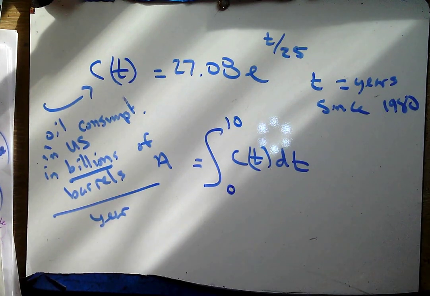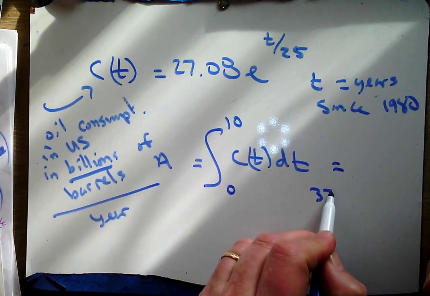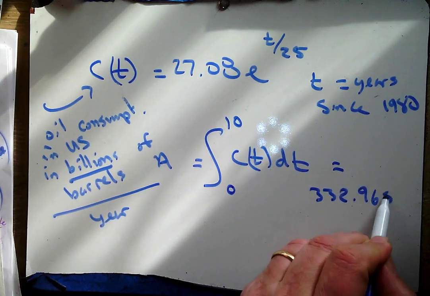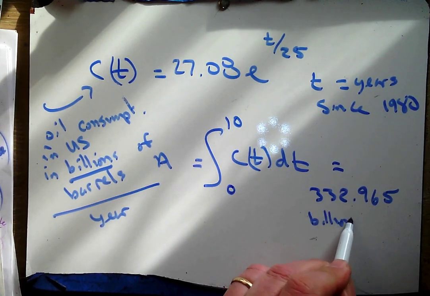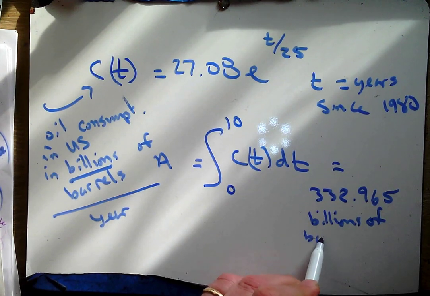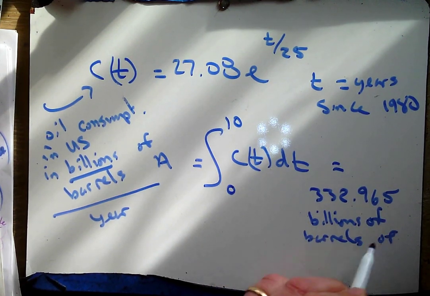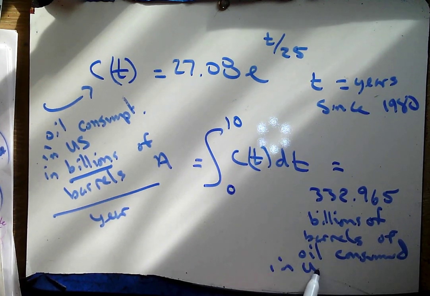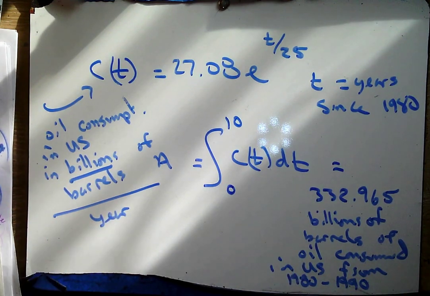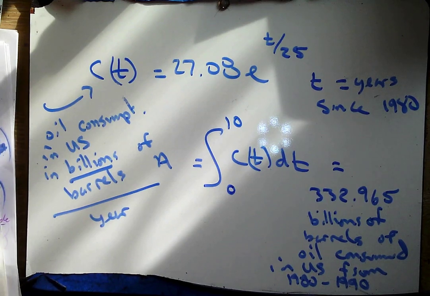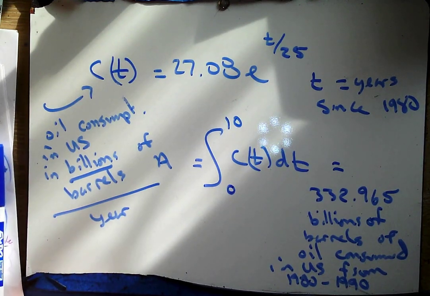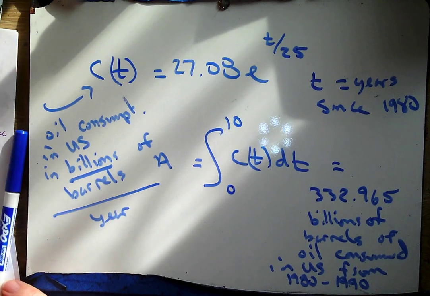And the number I get here is 332.965 billions of barrels of oil consumed in the US from 1980 to 1990. Okay, that's a lot of oil. True that.